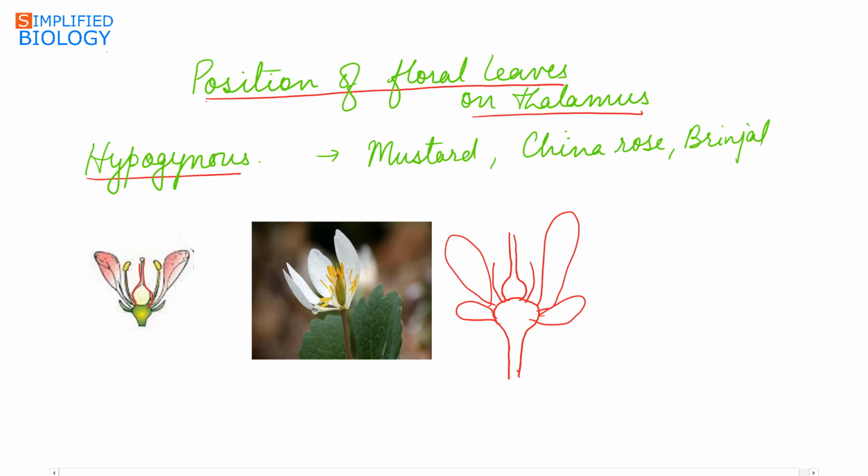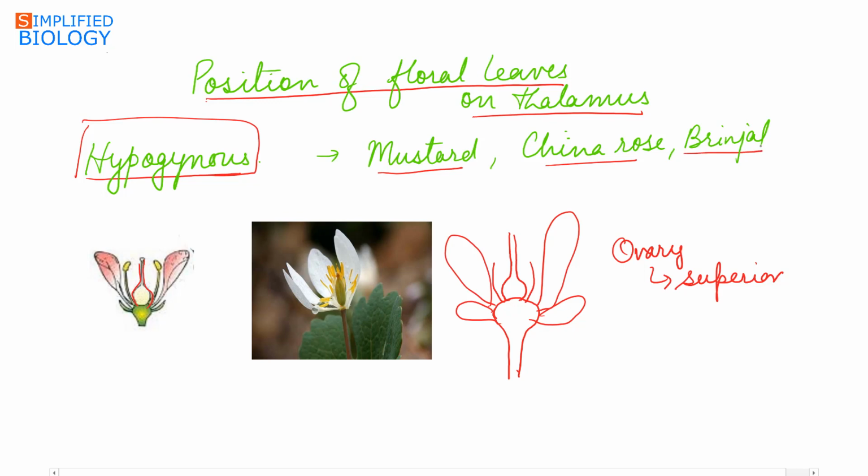In this case also we can see that the ovary lies at the top while the other whorls lie below. In this case, the ovary is said to be superior and the other whorls are inferior. Such type of flower is said to be hypogynous. Seen in case of mustard, China rose, brinjal.